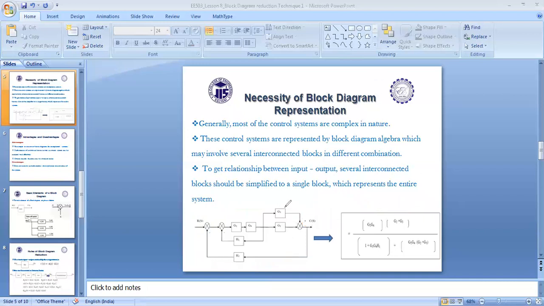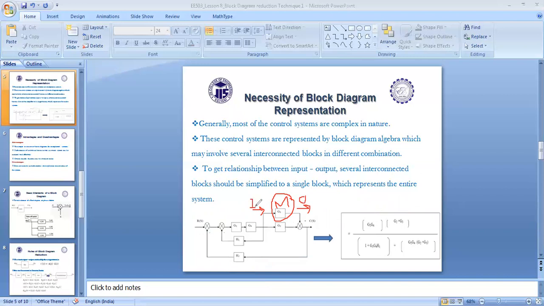Similarly, suppose this is a motor used in the plant. If you want to analyze the performance of the motor, you must use these two signals. The input to the motor is this signal, and the output of the motor is this signal.